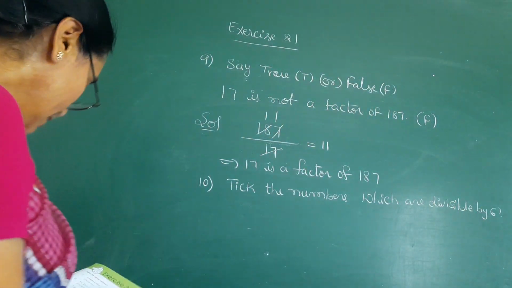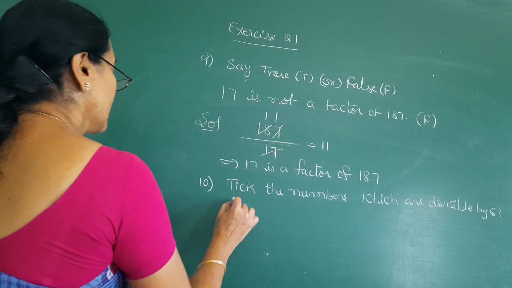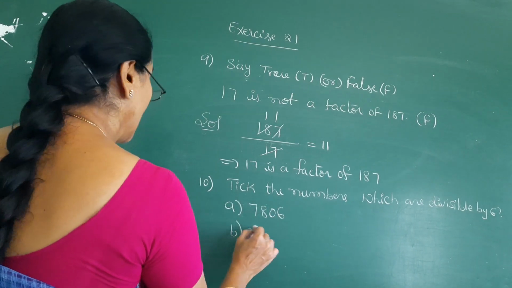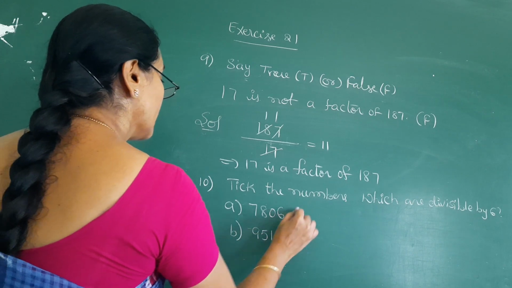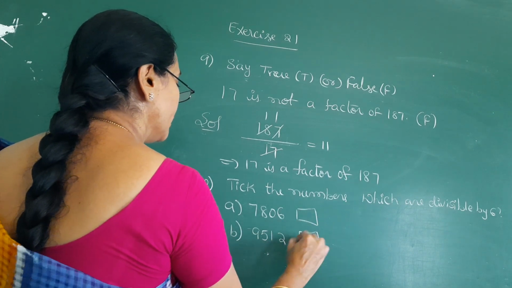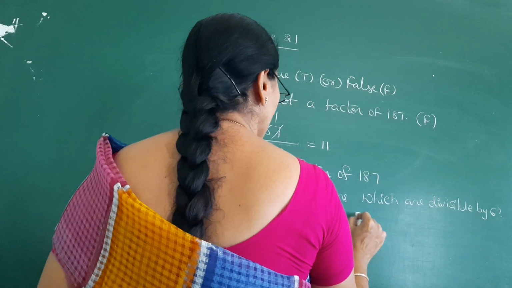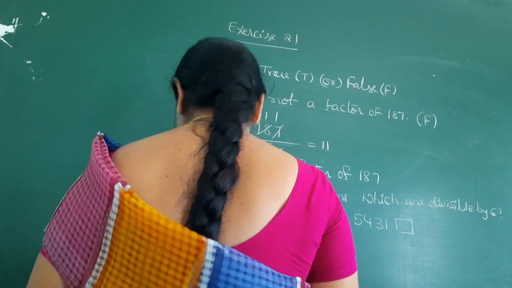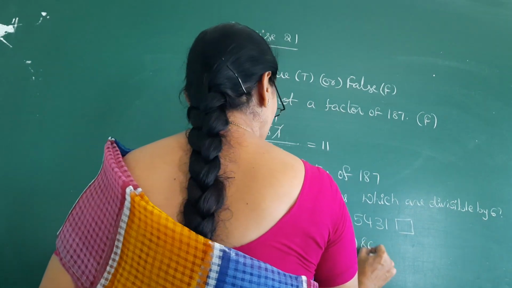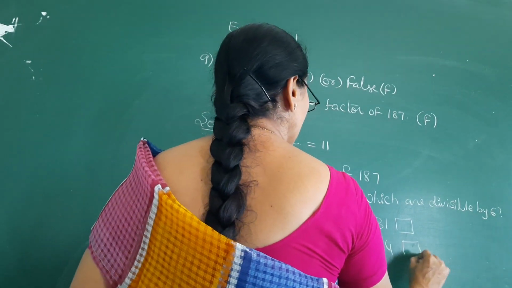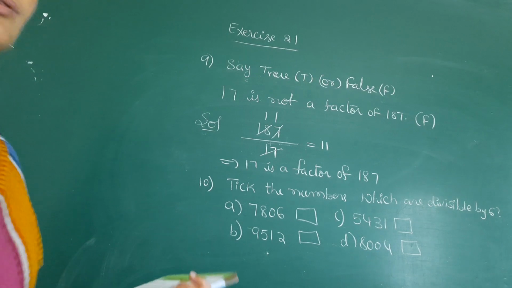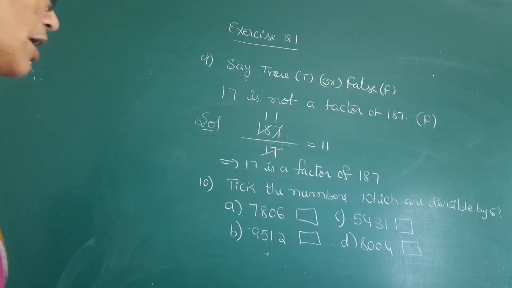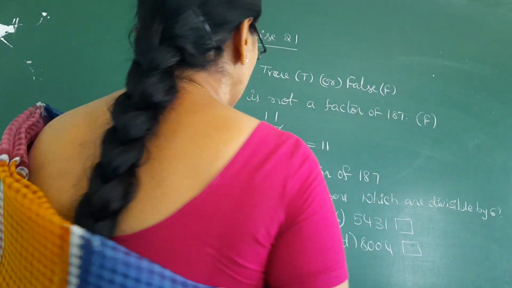See the given numbers: 7806, 9512, 5431, and 8004. So no need to check with long division with 6. You have to use the divisibility rule by 6.